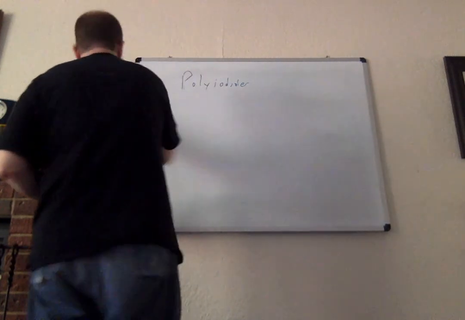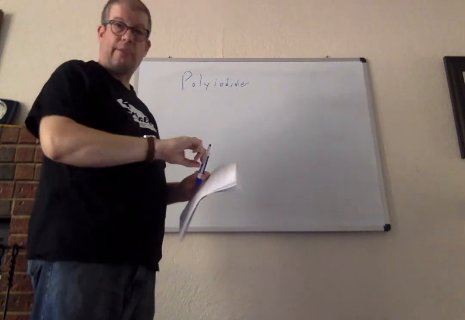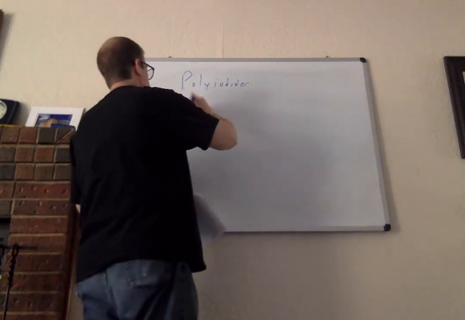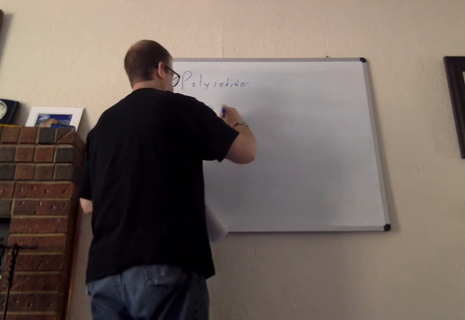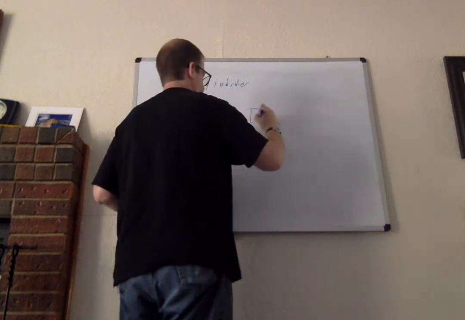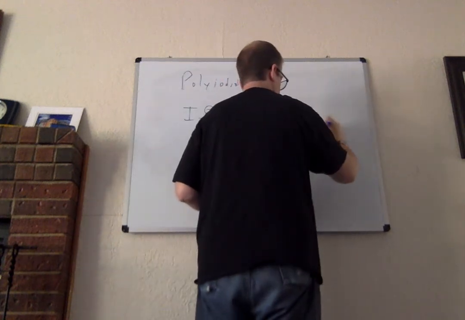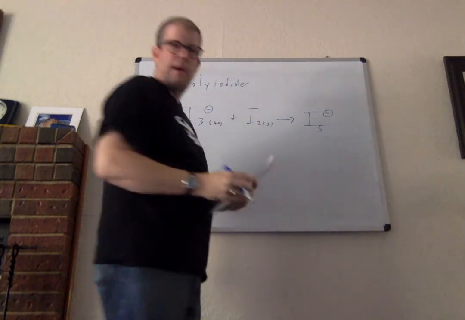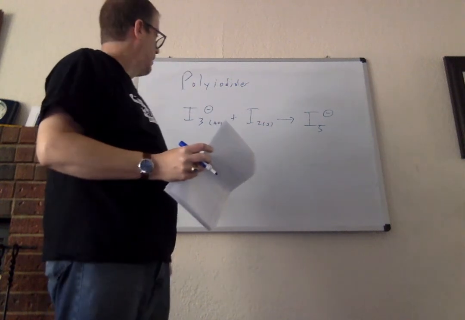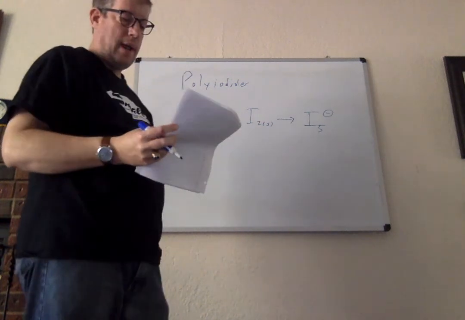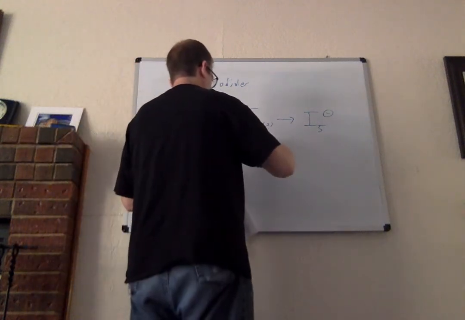Provided you have the correct cation, you can do this again. And so you can make I5 minus. And again, you need an even larger cation for this.